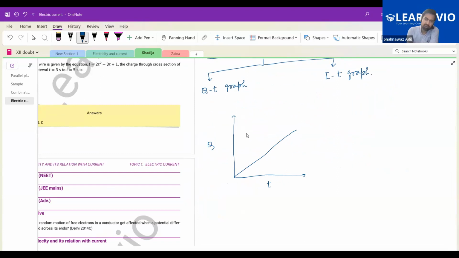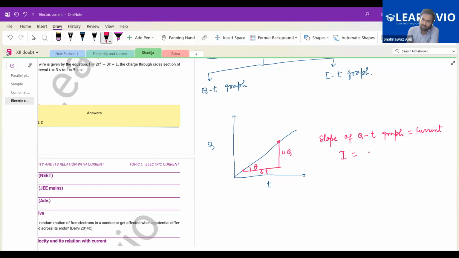So the slope of this graph, let's say delta Q by delta T, the slope of the QT graph, will be current, or to be precise, average current.